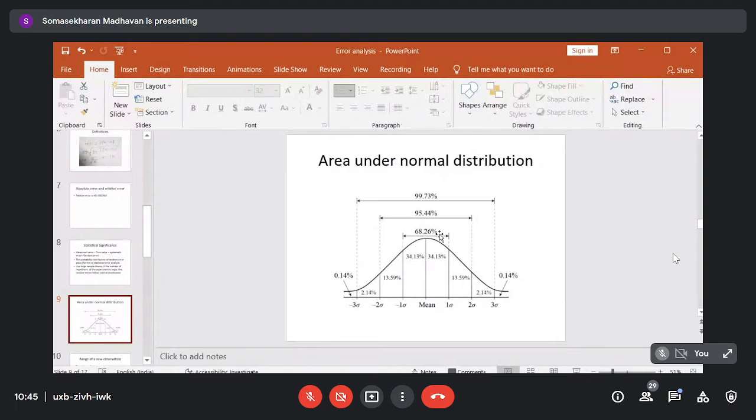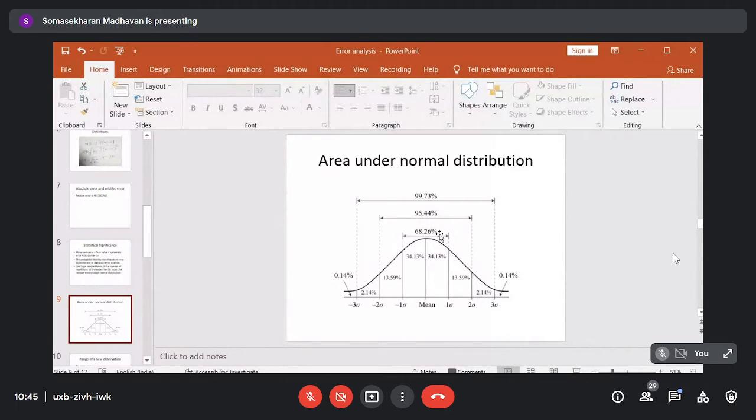This is the physical meaning. If you take one observation at random from a normal distribution, the probability that it falls in the interval mu minus sigma, mu plus sigma is equal to 0.6826.